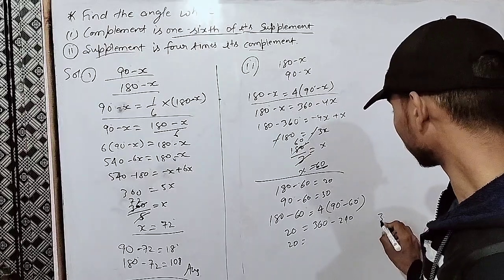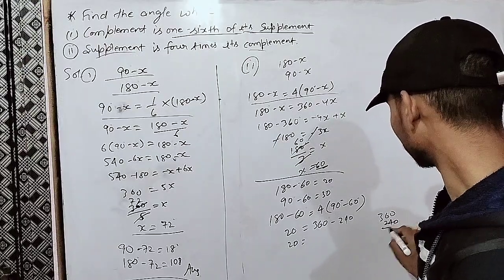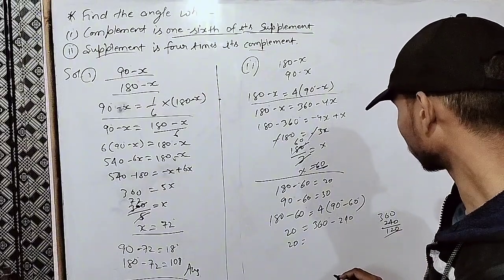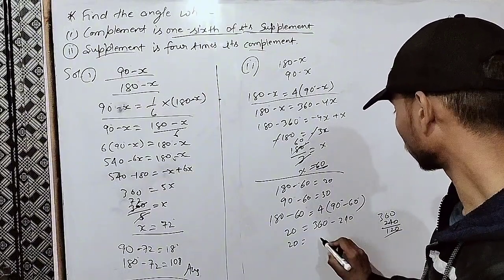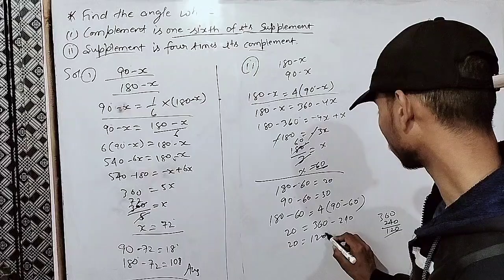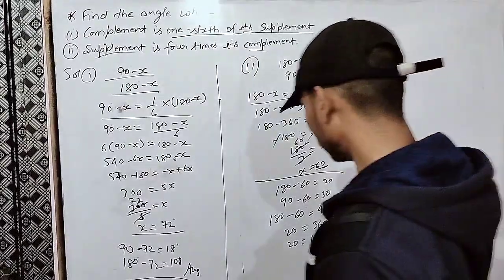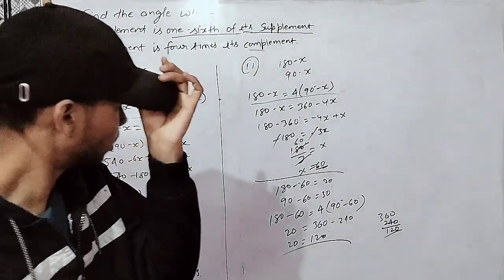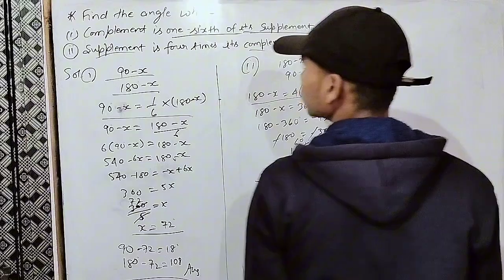360, 120. Where is the mistake? Where is it wrong?